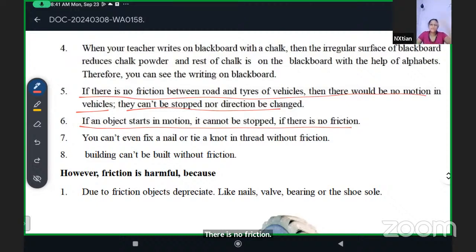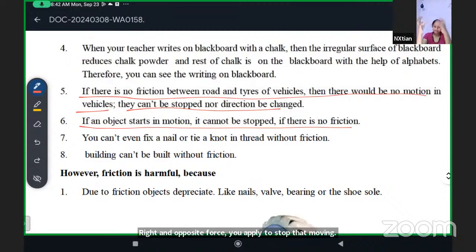Suppose someone throws a ball at you at full speed, but before it hits you, you catch it. So what happened? You applied an opposite force to stop that moving ball towards you.